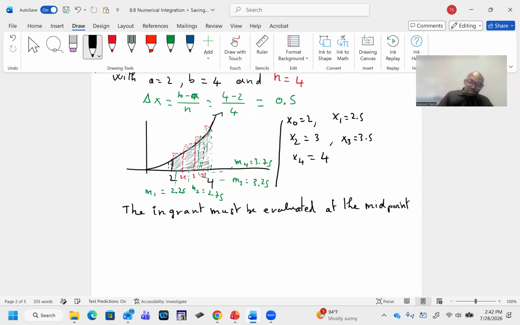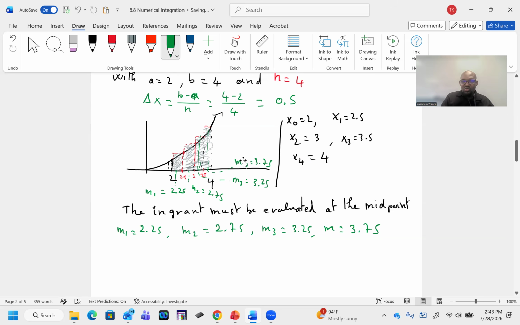The midpoints we found: M1 between x0 and x1 is 2.25, M2 is 2.75, M3 is 3.25, and M4 is 3.75. So we have to find f of M1.